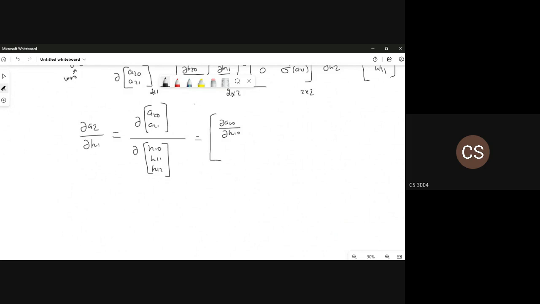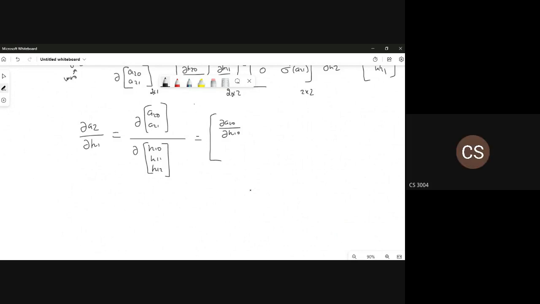O2 stands for the next element being dou a2 0 by dou h1 1. I can tell that the next row element will be dou a2 1 divided by dou h1 0. Yeah, that's what I said.